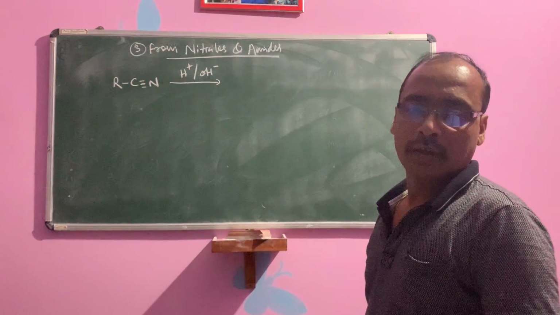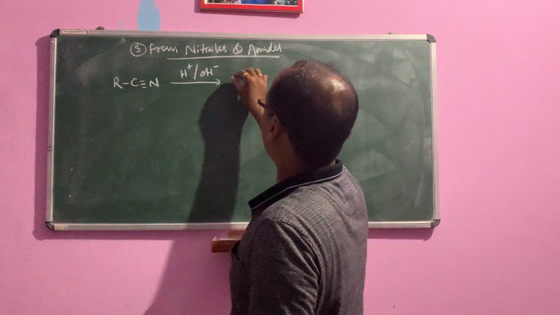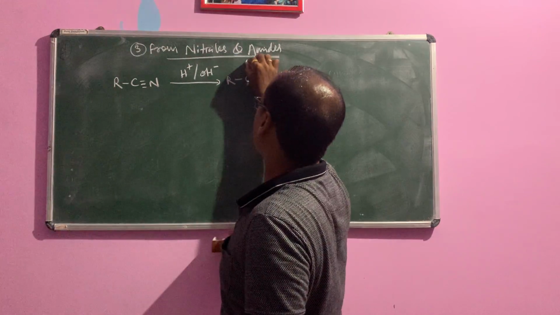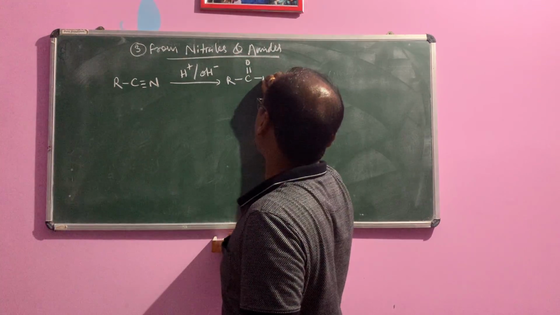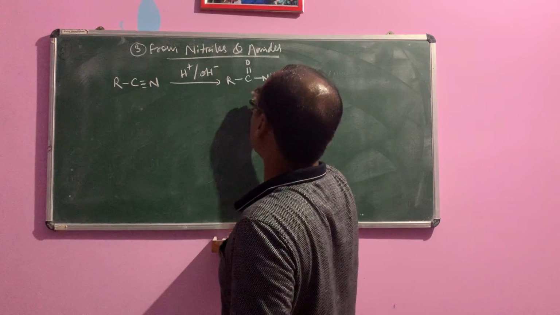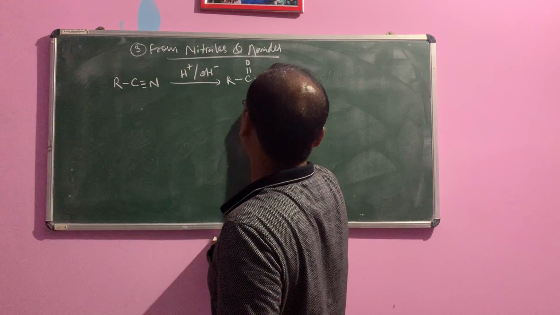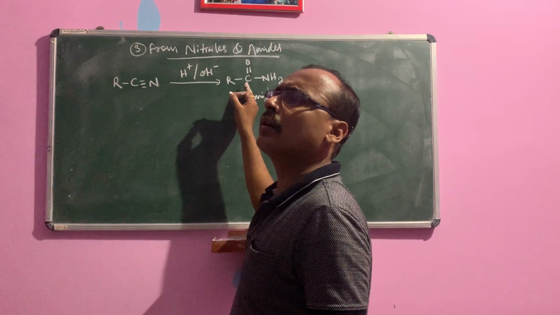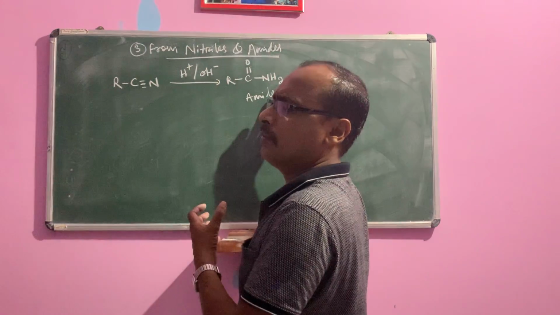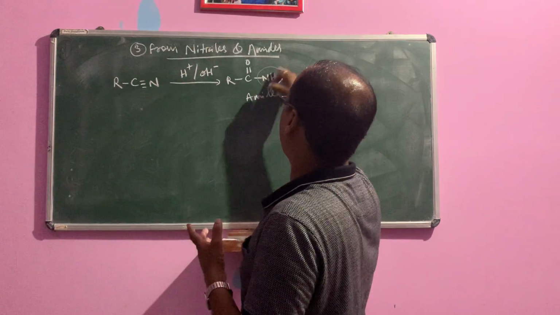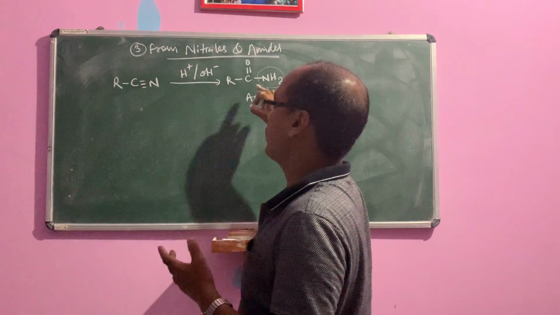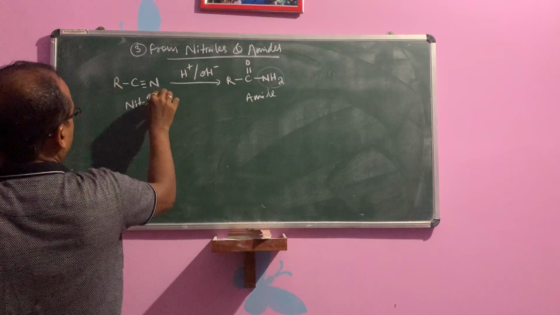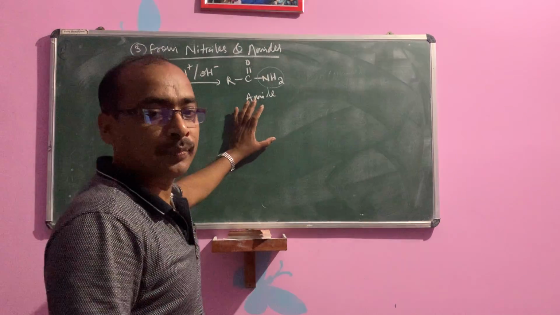forms RC=O NH2. This is your amide, an acid amide. It is one derivative of carboxylic acid, where OH is replaced and NH2 is added. So this nitrile forms the amide.